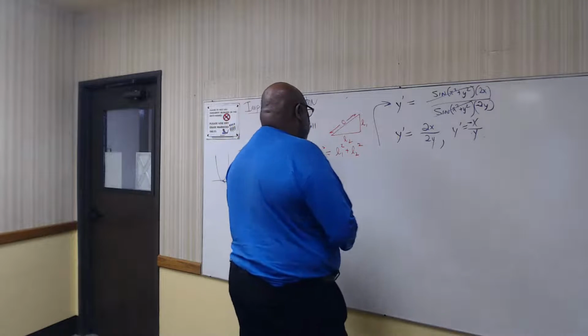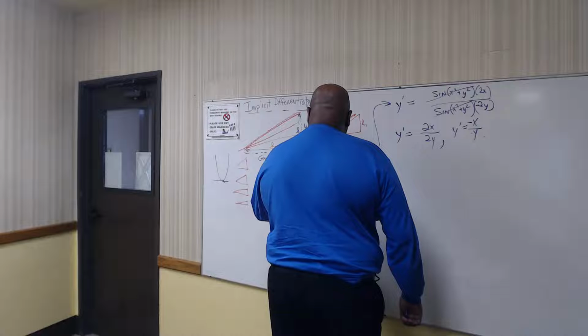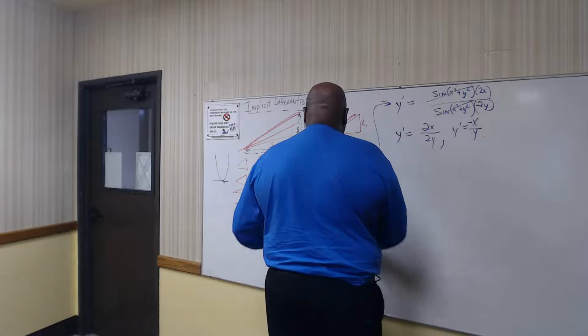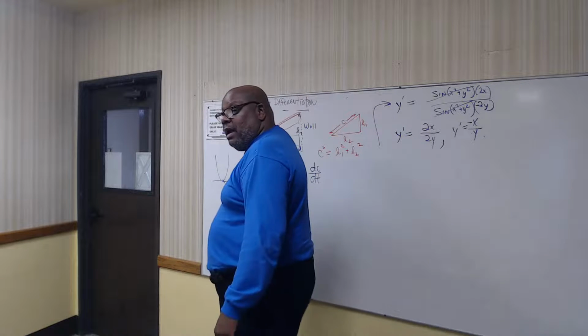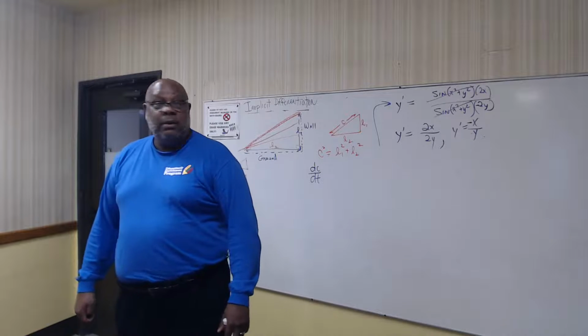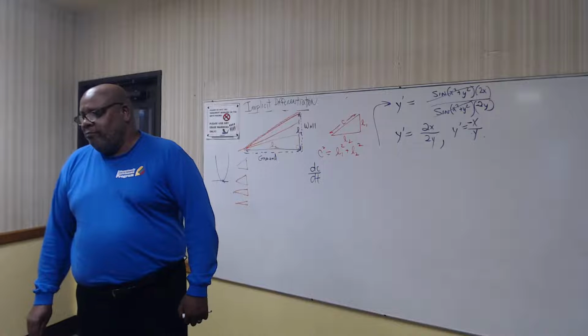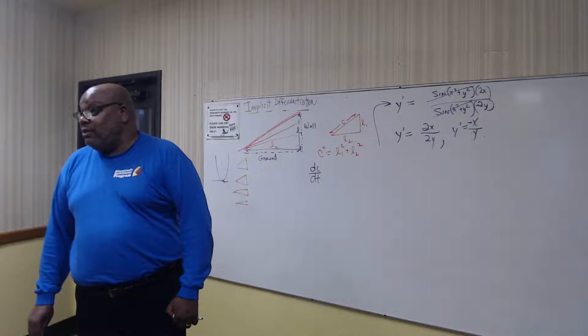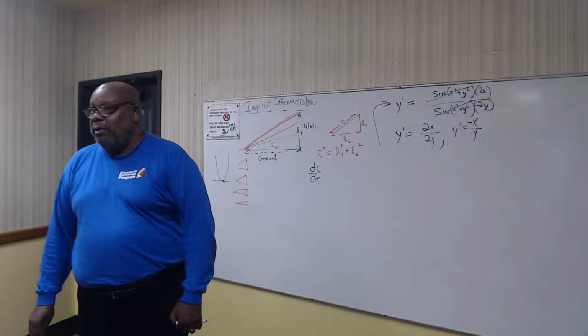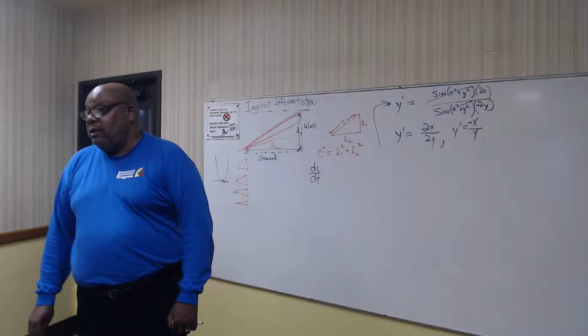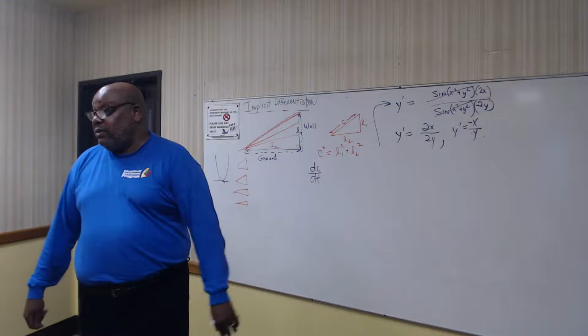So, dC/dt. Now notice I bring in a third variable because it's time. We're interested in the rate that it's falling down the wall too, not just where it is on the wall. It's the rate we're interested in. This system's moving fast.